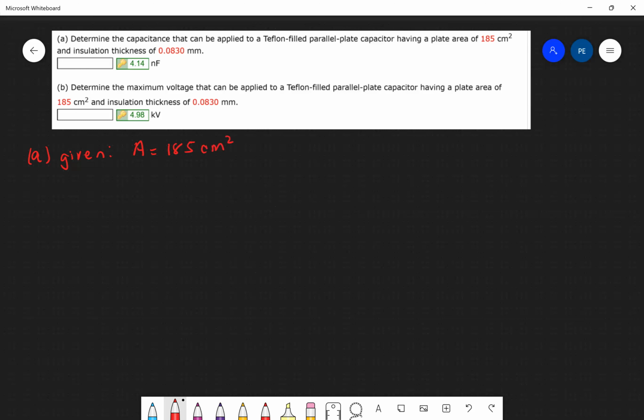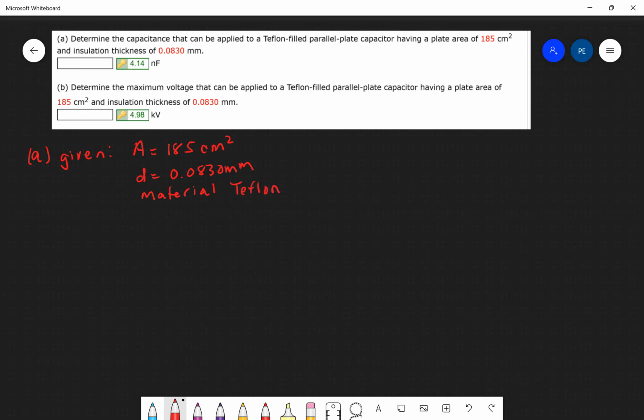And we also know that we have an insulation thickness, which I'll call D, and that's equal to 0.0830 millimeters. And the material that we're looking at is Teflon. So I'm going to write that down as well. The material is Teflon.